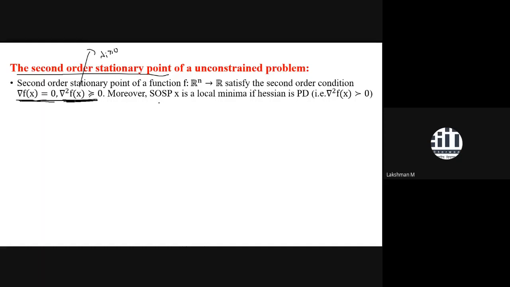Moreover, a second order stationary point would be a local minima if and only if your Hessian is positive definite, even something more than positive semi-definite. What is the definition of a positive definite matrix? If you define a quadratic form with that matrix as the coefficient matrix, then it is greater than 0 for every non-zero vector.